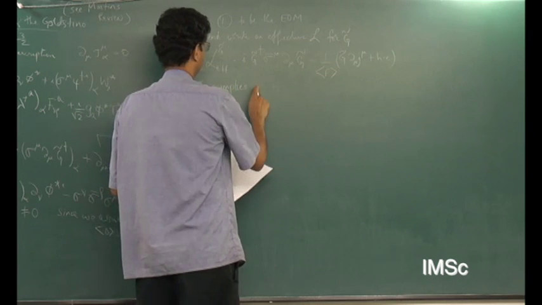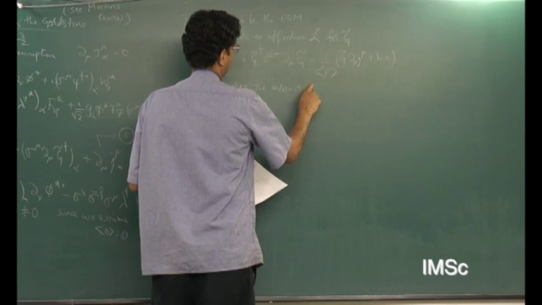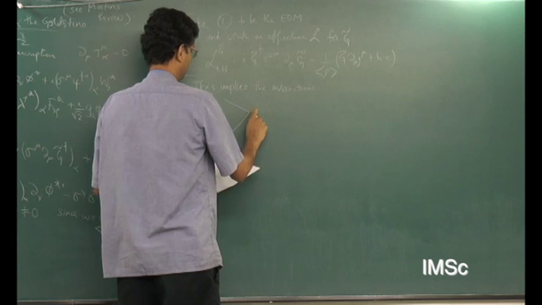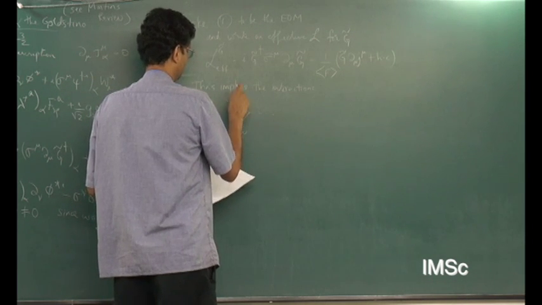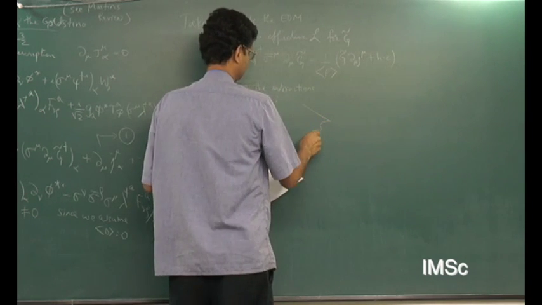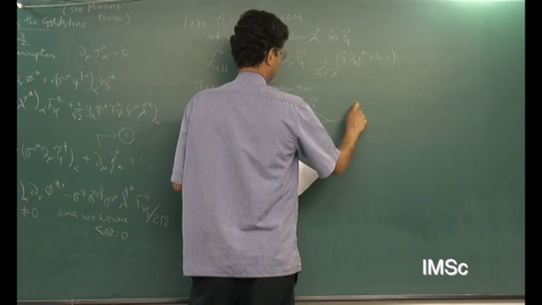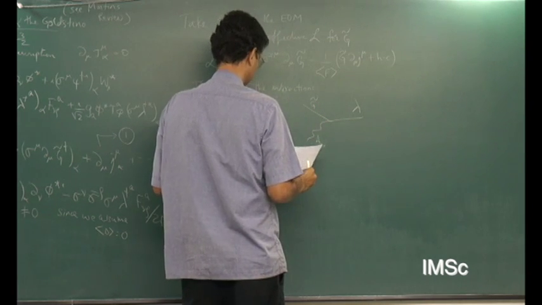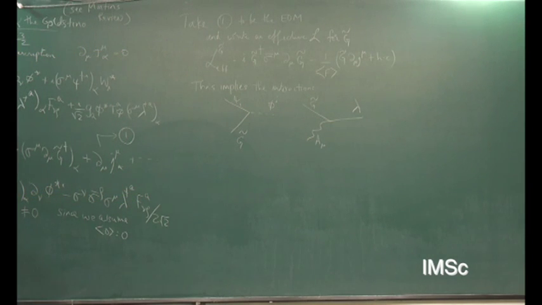This implies, so our main goal was to extract these interactions that this Goldstino has. Lambda, and this is A mu. So this follows from just the form of this thing.